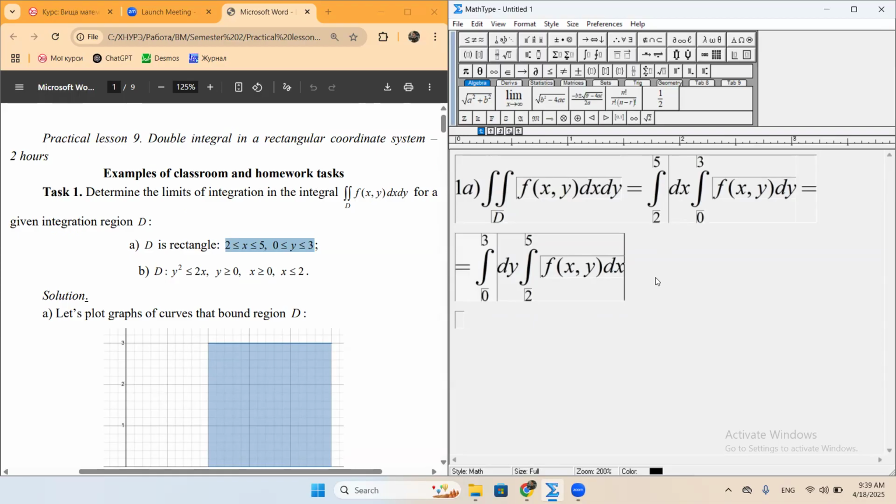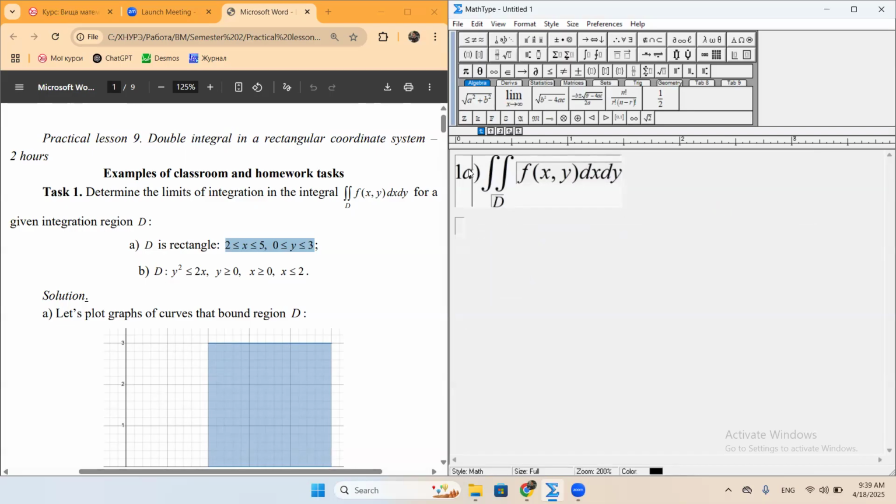Any questions about this exercise? Okay, no questions. Let's move to part B. We have another region of integration, and now it looks like this.